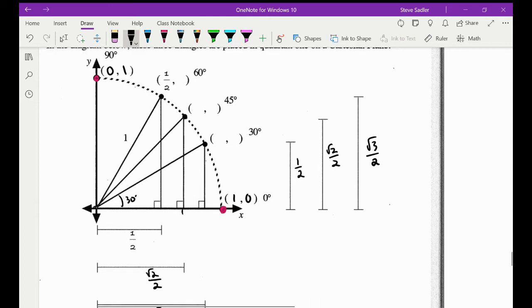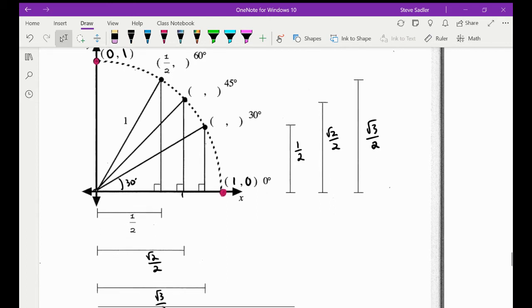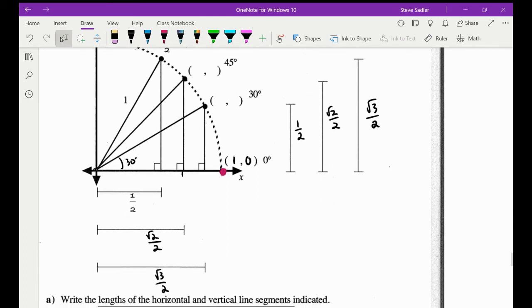In between, we are going to use a combination of the values. For the 30, our xy point is going to be this value here and this value here. So that should give us root 3 over 2 and 1 over 2. Same thing with the 45.